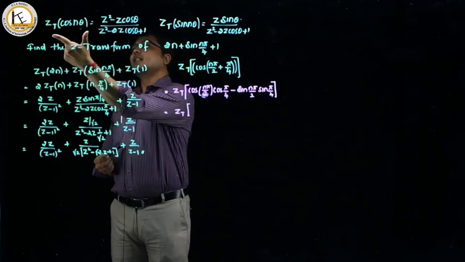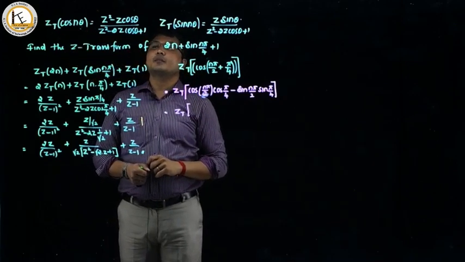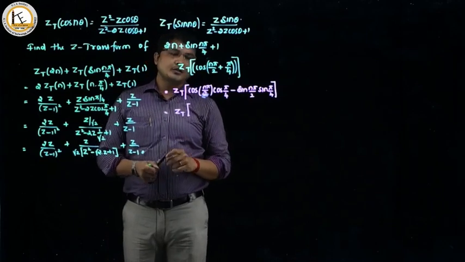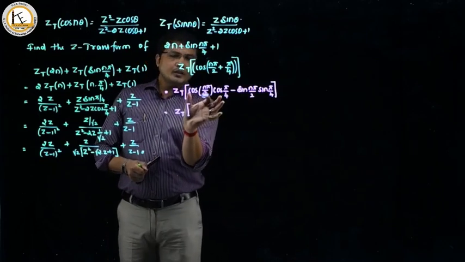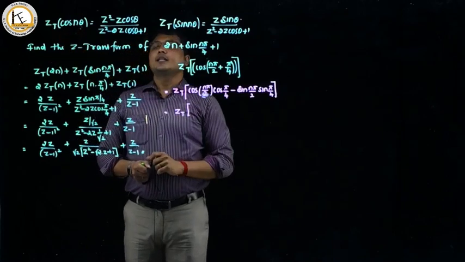Therefore z transform of cos n theta is nothing but z square minus z into cos theta divided by z square minus 2z cos theta plus 1. When you compare, we come to know that theta is pi by 2.